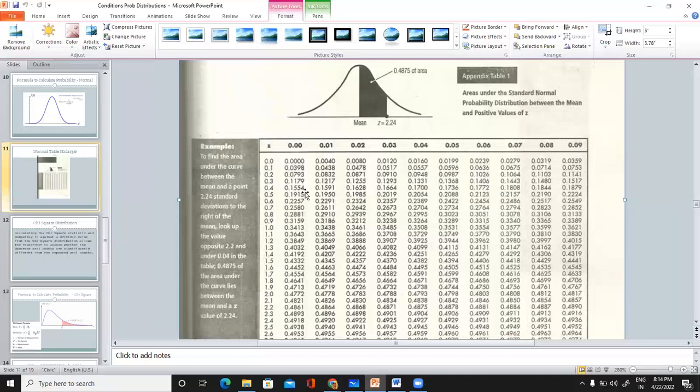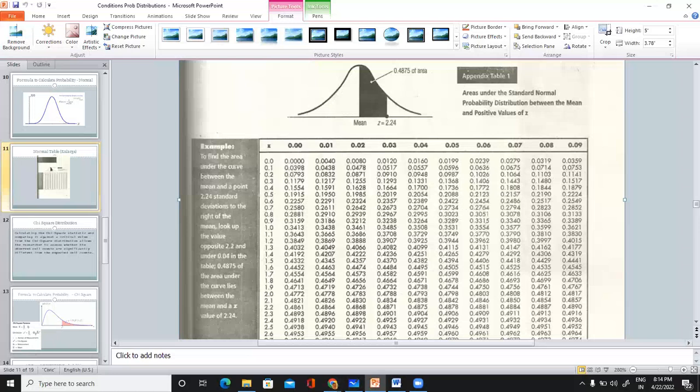So in the first column 0.6, and for the second decimal place, we will move in the same row and come to here, 0.2454.